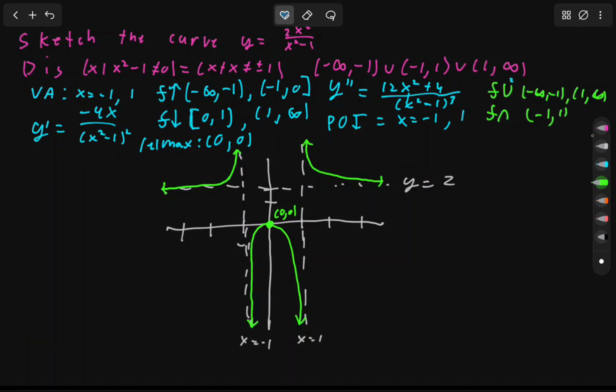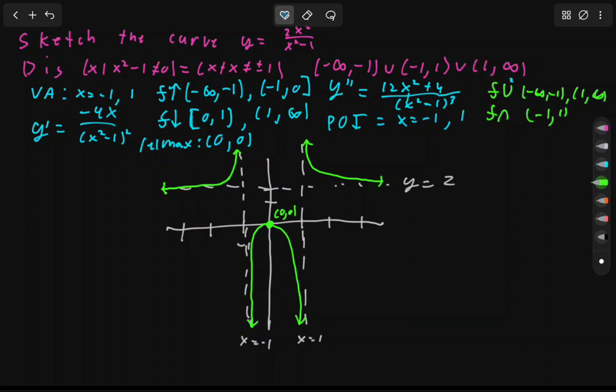Now that we have the concavities, we can clearly see this function is concave up from -infinity to -1, concave down from -1 to 1, and concave up from 1 to infinity. And we have our relative max. So in this case, we have everything we need to graph, and we have graphed our function y.